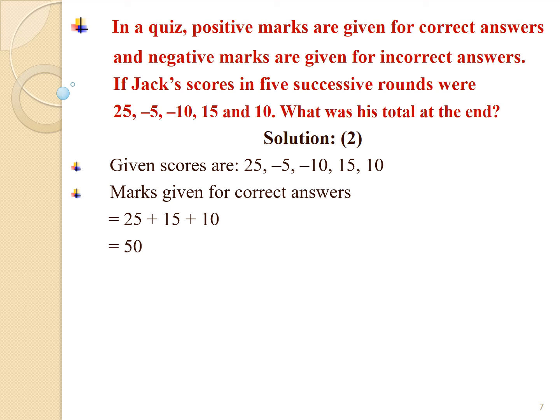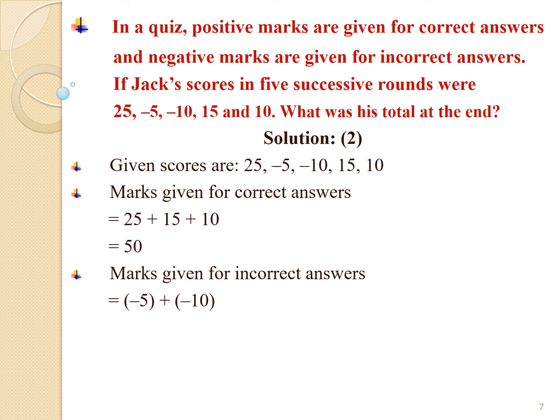Now, let us find out the marks given for incorrect answer. Thus, marks given for incorrect answer is -5 plus -10.